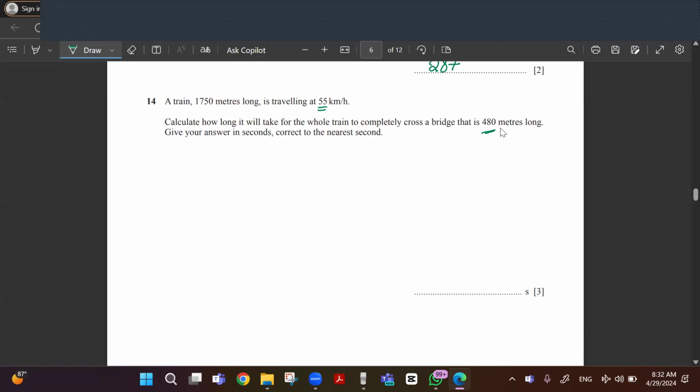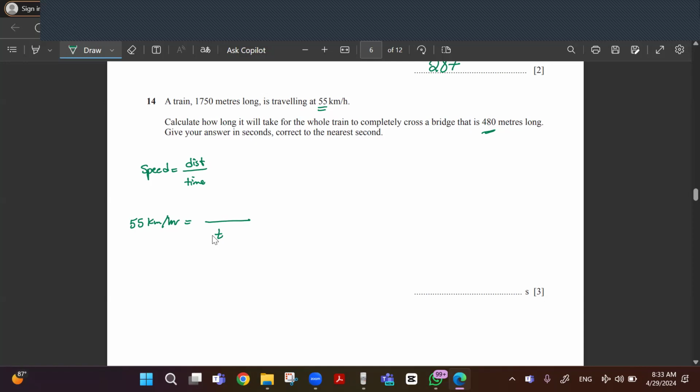Okay, as usual, we know that speed equals distance over time. Here I have the speed, which is 55 kilometers per hour. And the time is what is required. How long? So the time is required. What is the distance here?